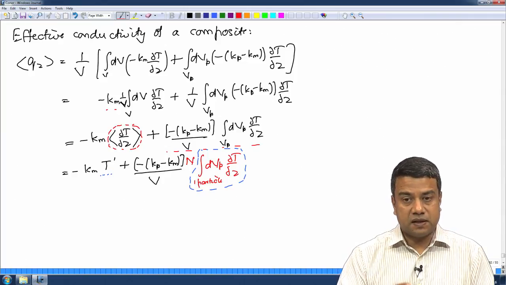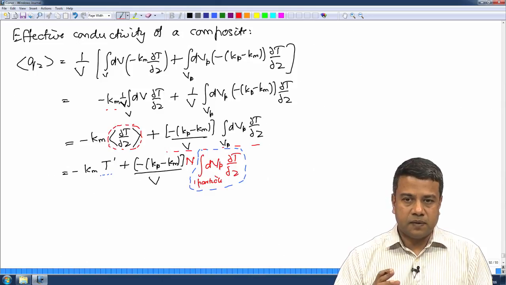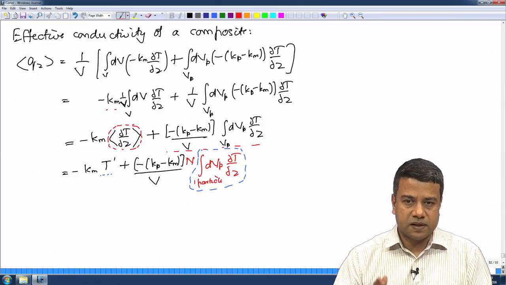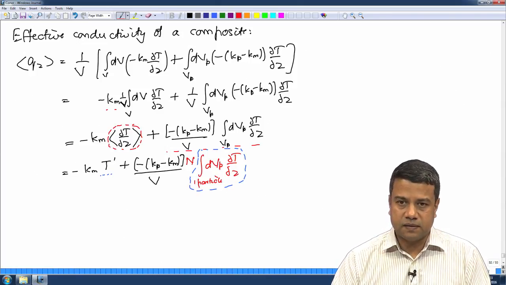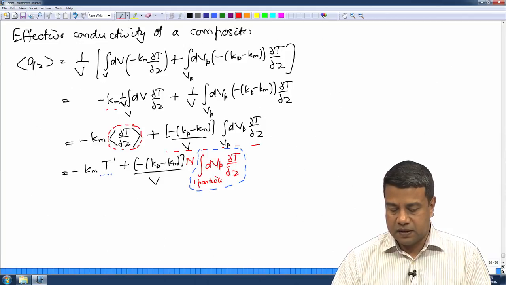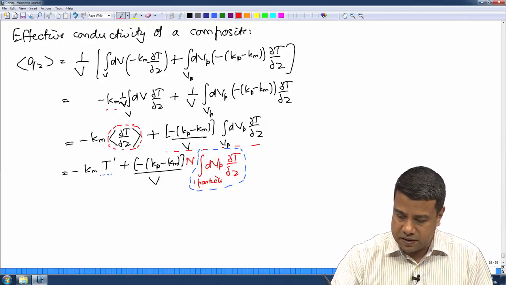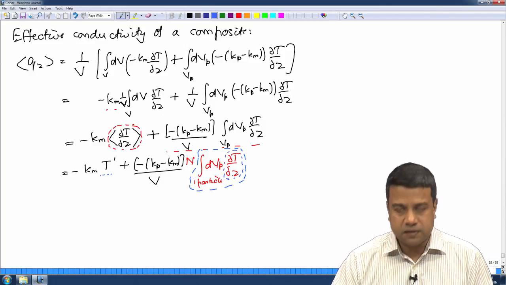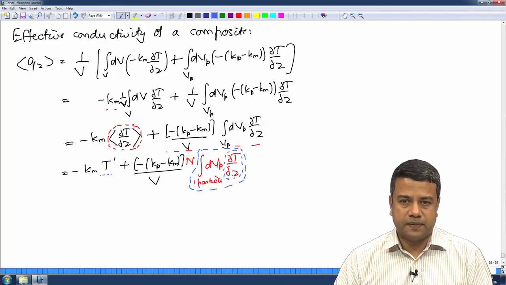However, the temperature gradient that each particle sees is exactly the same. Therefore, apart from an additive reference temperature at the center of the particle location, the temperature field is exactly the same. That reference temperature does not change the temperature gradient. So, therefore, the temperature gradient within each particle has to be exactly the same.